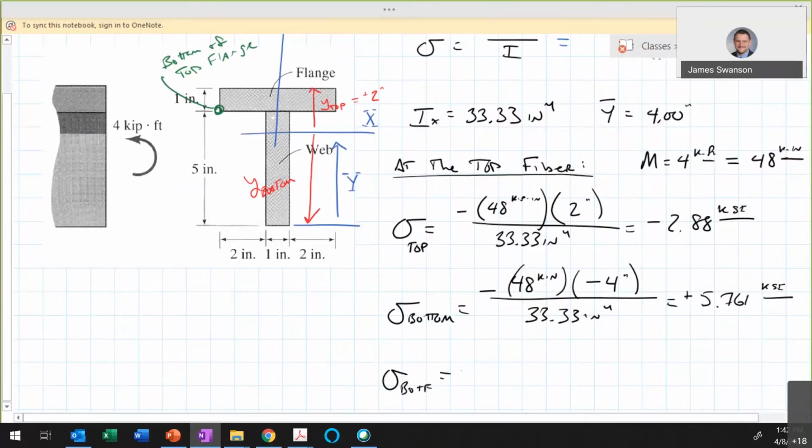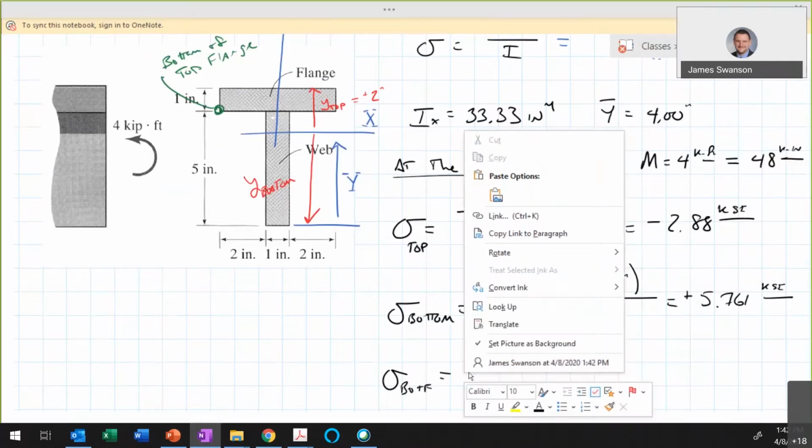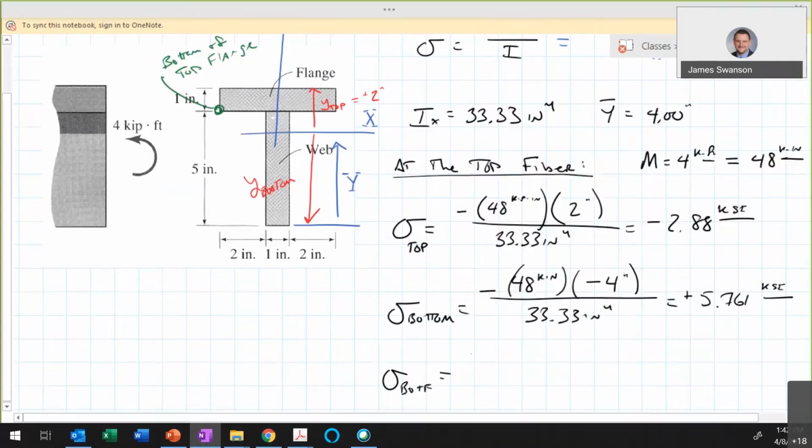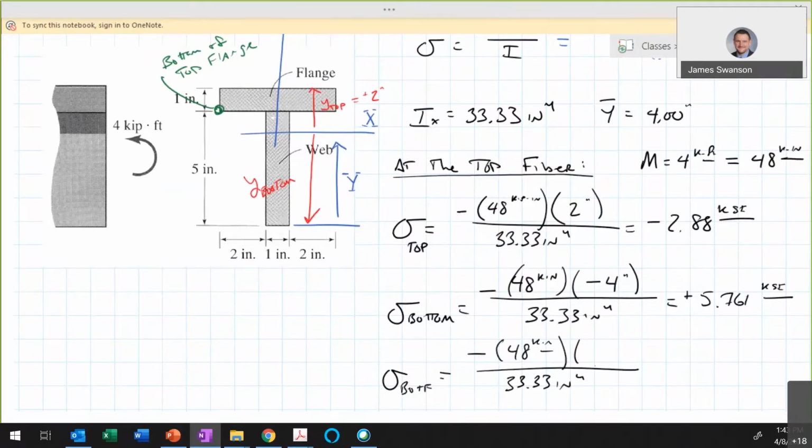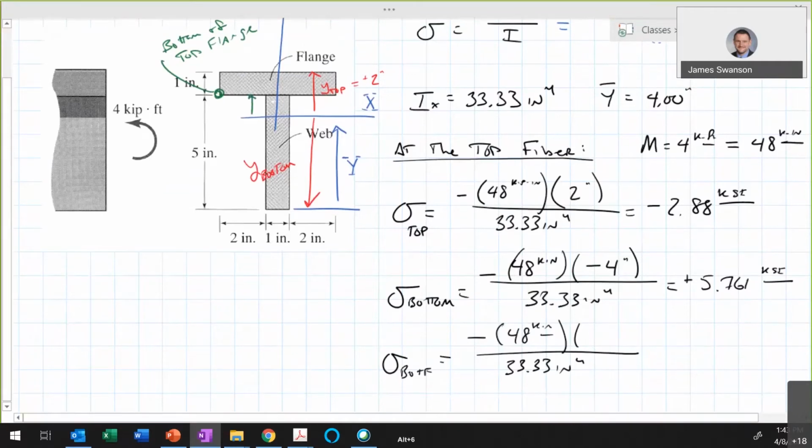Okay. So same equation. Whoops. So minus M, moment is still 48 kip inches, we're going to divide by 33.33 inches fourth. But now instead of putting in +2 for the top fiber or -4 for the bottom fiber, what we'll do is we'll put in this value of y, which is 1 inch.